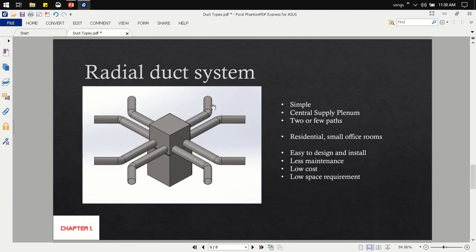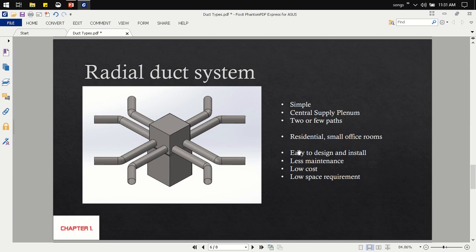Radial duct system. This is a simple, central supply plenum based duct system. Here you are seeing the duct runs that carry the conditioned air, which we can call supply ducts, and generally these are assembled to the supply plenum.